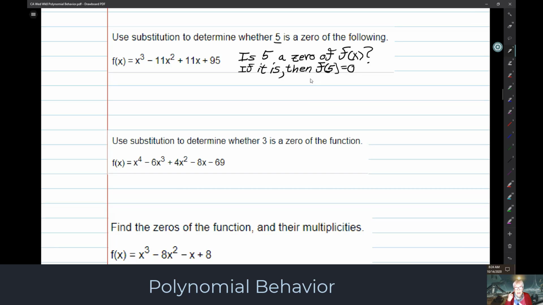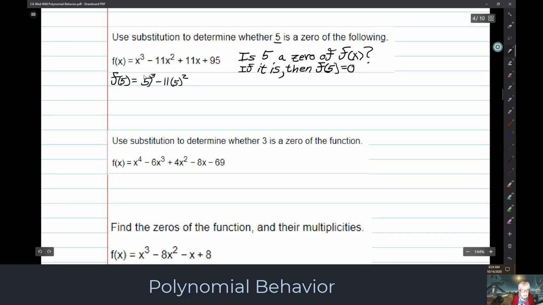So it's handy to use a calculator for this. This is what I'm going to do. I'm going to take f of x and put a 5 in for every x, so that I'll have 5 to the third minus 11, 5 squared.